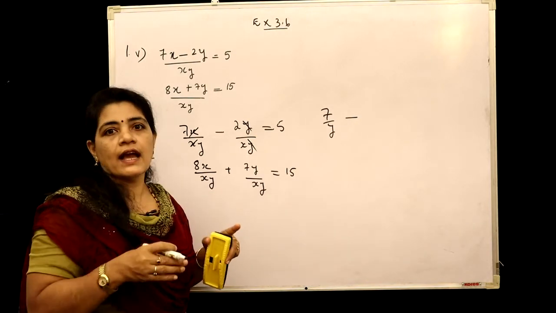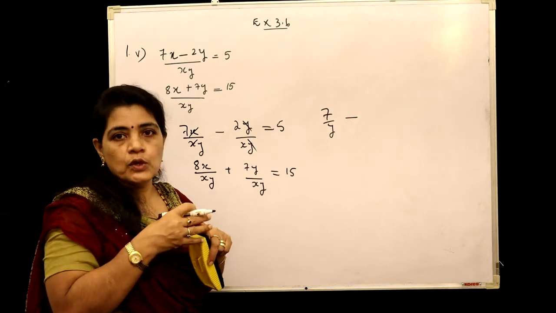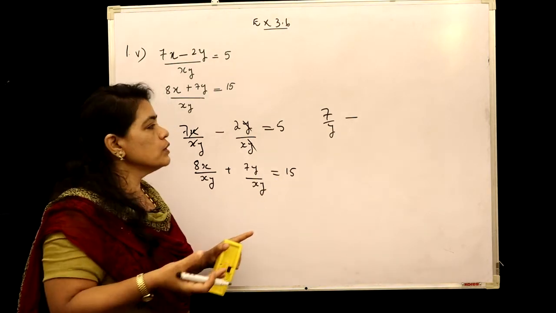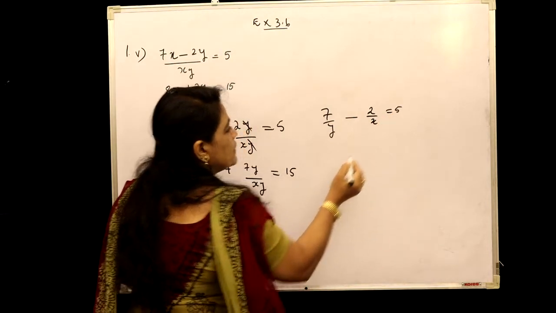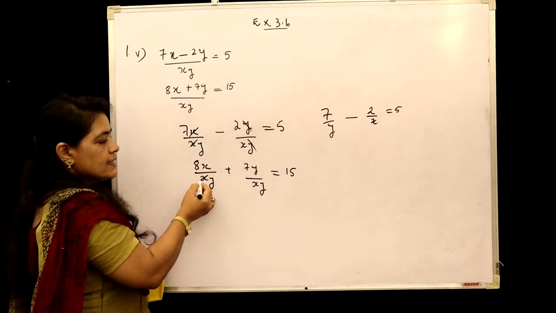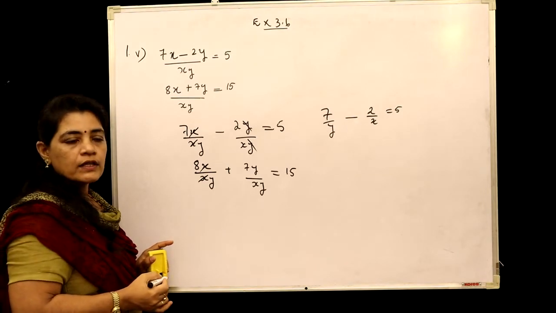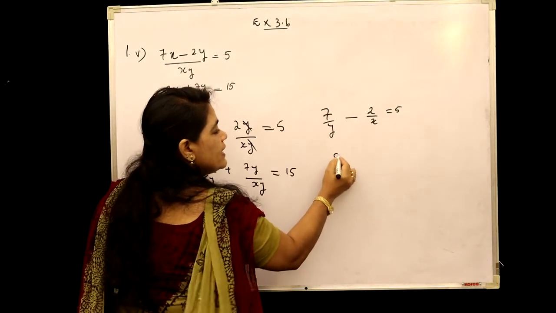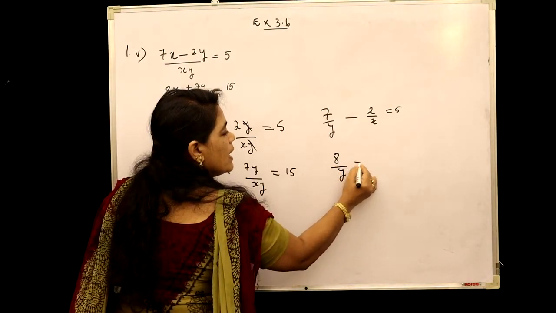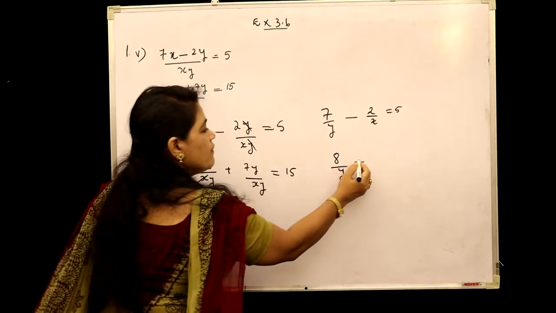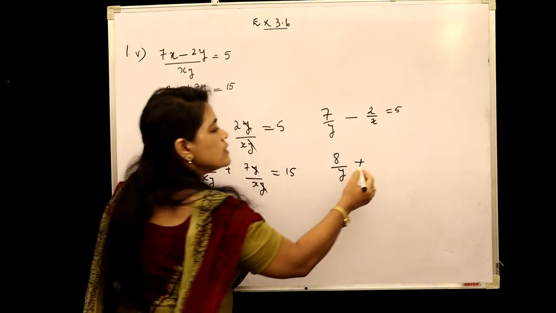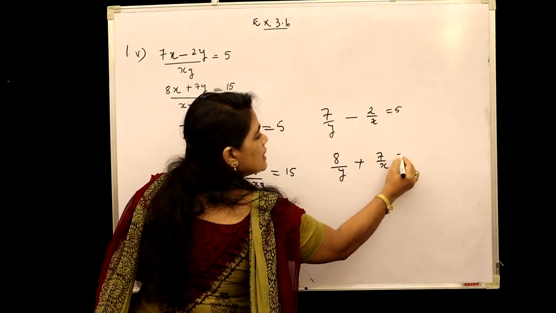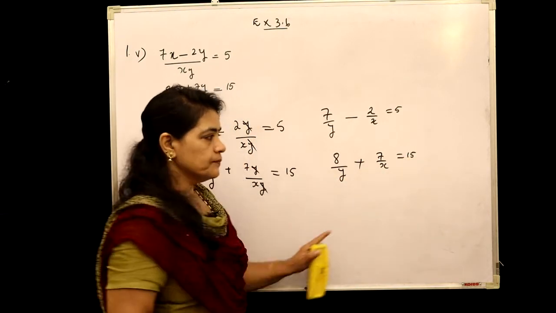Only if they are connected by multiplication can you cancel. So you can easily cancel y from both, so 2 by x is equal to 5. In the same way, x gets cancelled, so this reduces to 8 divided by y plus 7y by xy, y gets cancelled, so 7 by x is equal to 15.